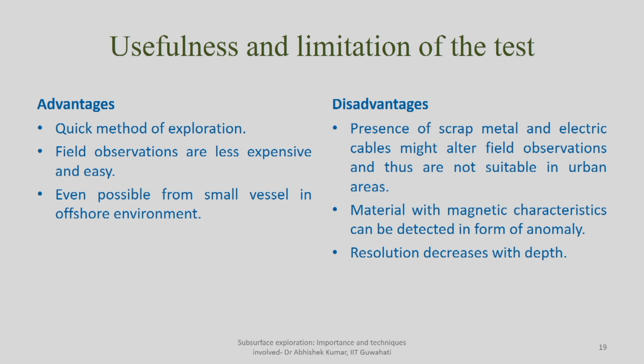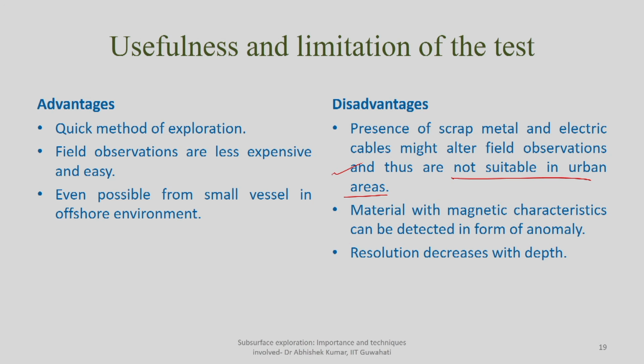Disadvantage: the presence of scrap metal and electric cables, which probably are not your target but are available in the surrounding area, can partially alter your measured magnetic field intensity values, and thus this method is not suitable, as suggested by experts, for urban areas.